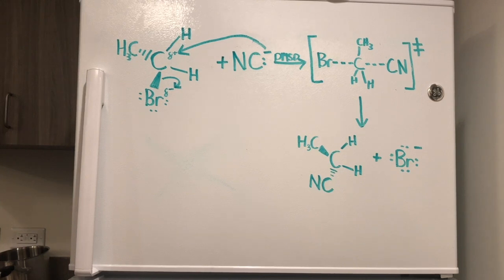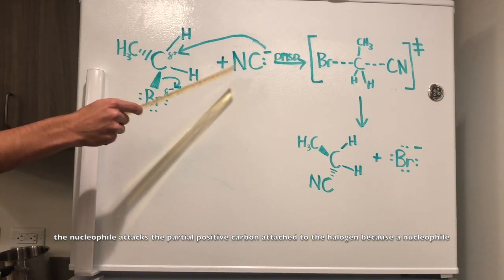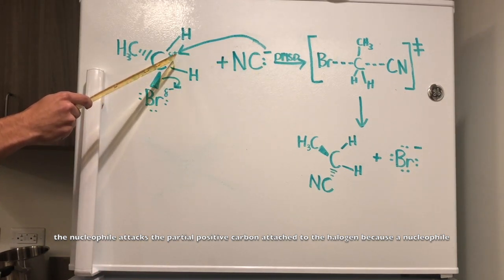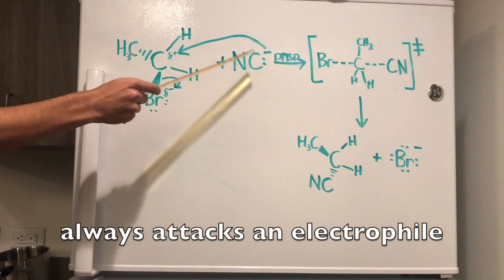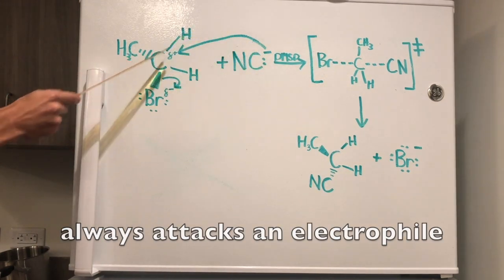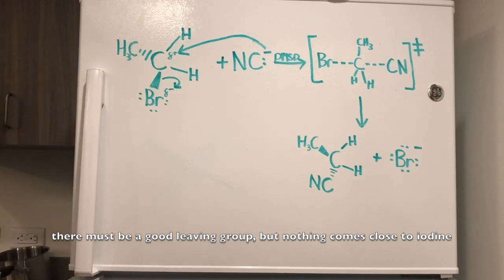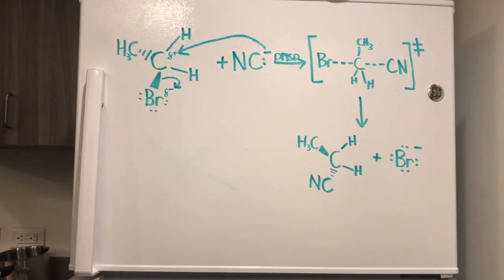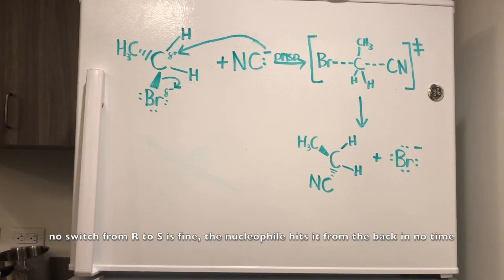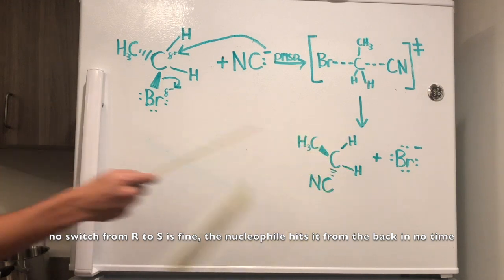The nucleophile attacks the partial positive carbon. Attach the halogens because a nucleophile always attacks an electrophile. There must be a good leaving group, but nothing comes close to iodine. No switch from R to S is fine.